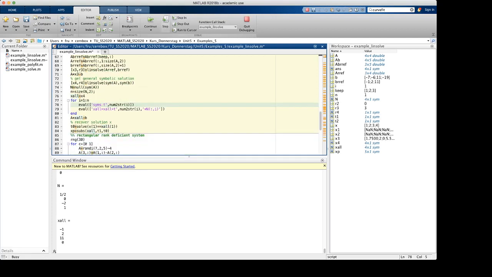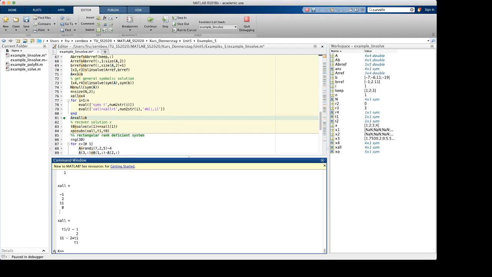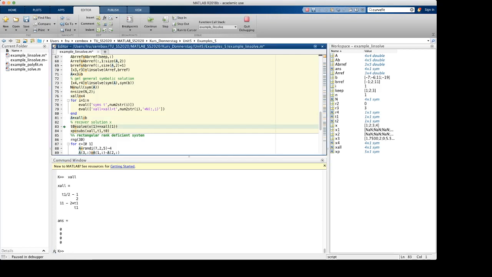We generate symbolic parameters and we add multiples of these symbolic parameters with the basis vectors of the null space. So this is now xgen, the general solution. It has one parameter, t1, and if we check it, we get exactly 0.